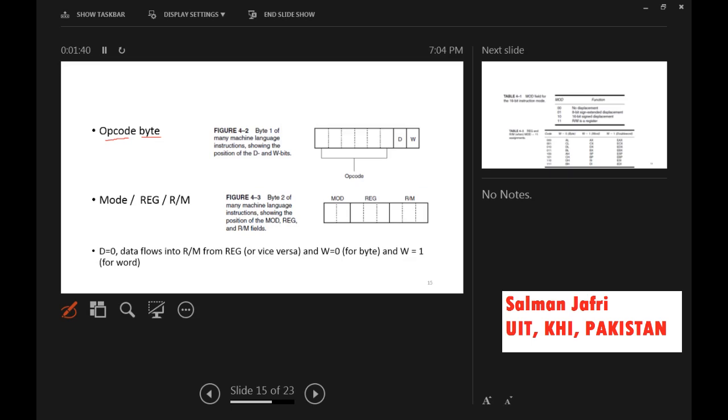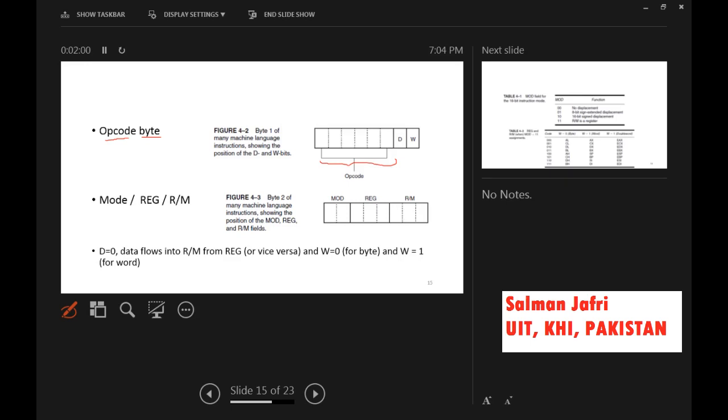So these 6 opcode bits would depend on what the instruction is. We would have a pattern for move, a pattern for add, or any other opcode.